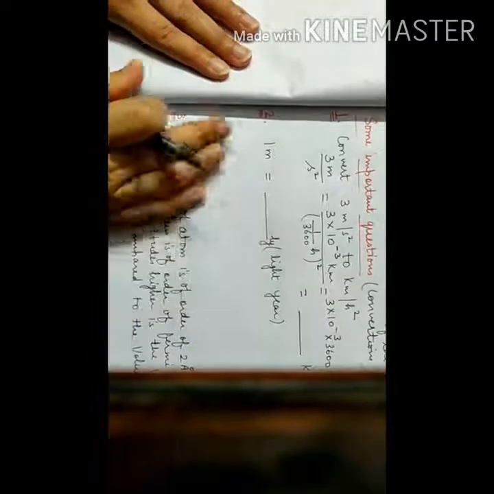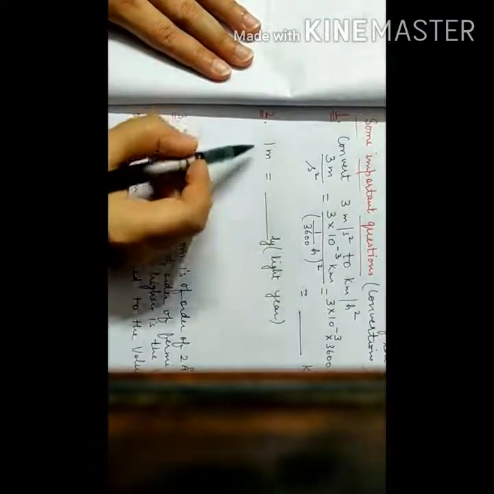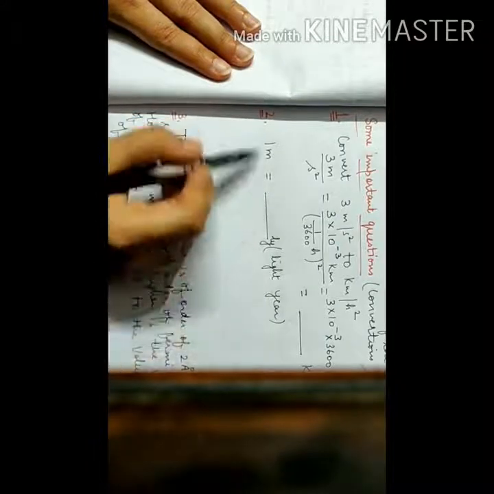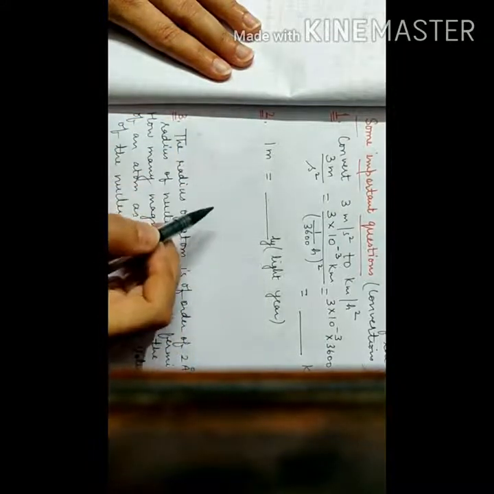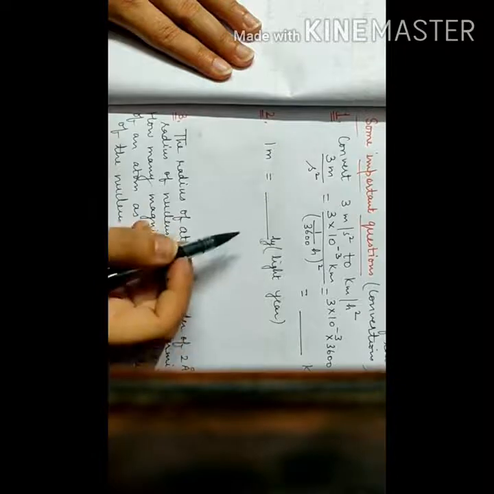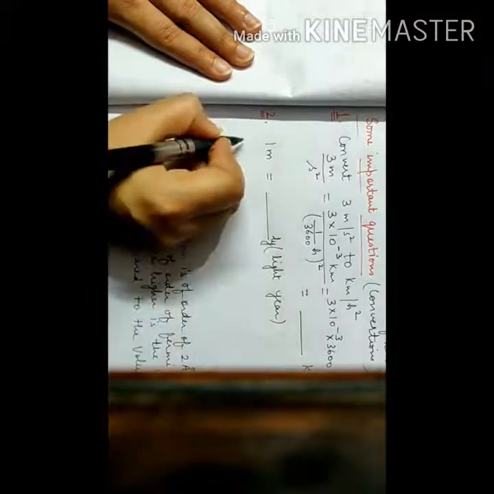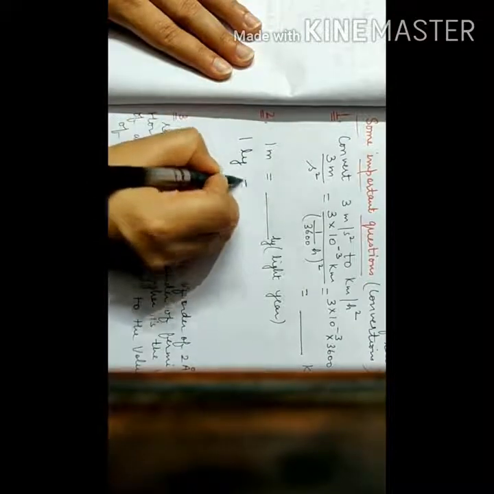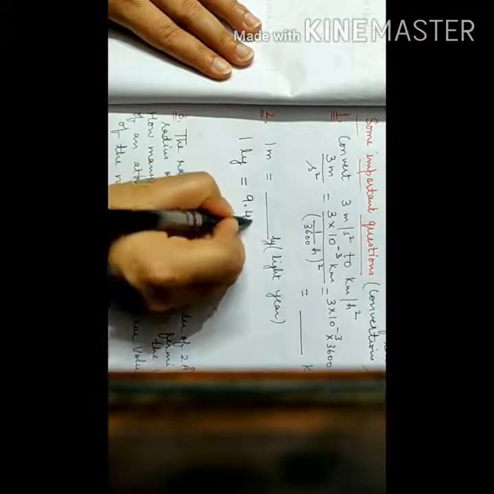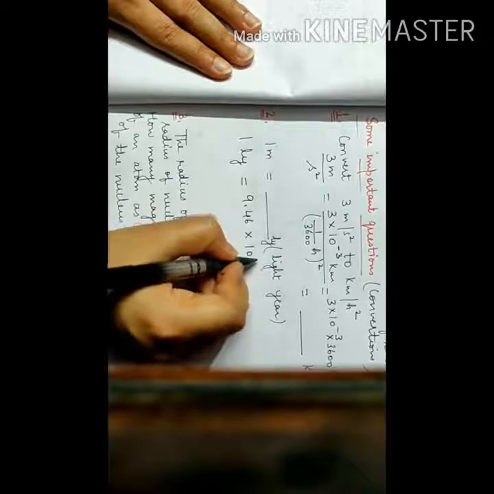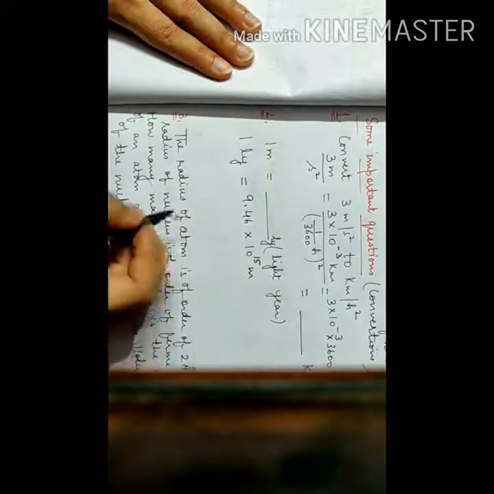Right? Then coming to question number 2. In question 2, we have to write 1 meter is equal to how many light years. For doing this, we have to write a relation connecting light year and meters. We know 1 light year is equal to 9.46 into 10 to the power 15 meters.